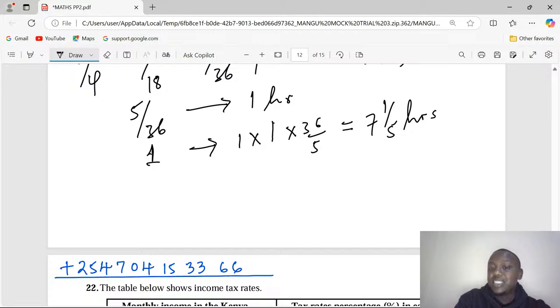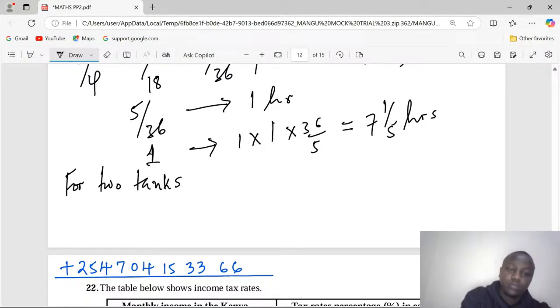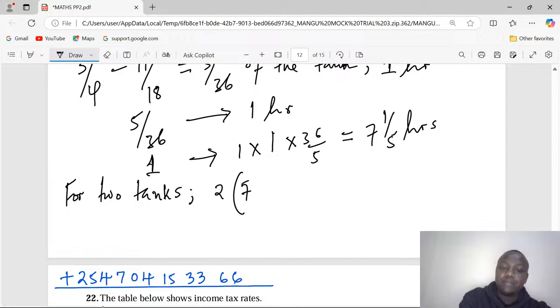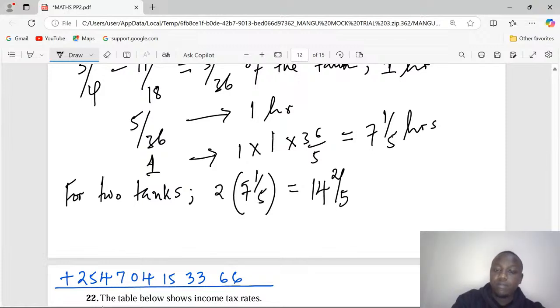But now, this is one tank. So for 2 tanks, it will be 2 multiplied by the time taken to fill one tank, because there are 2 of them. So this will be 14 and 2 over 5 hours.